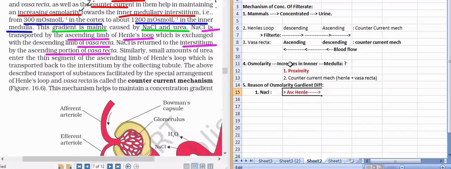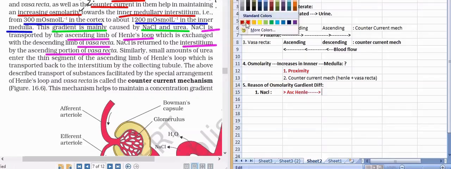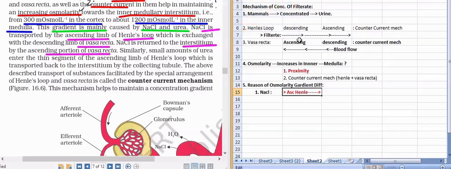I should change the color, to make a contrast. To the descending vasa recta. Then again it is going back to the ascending vasa recta.